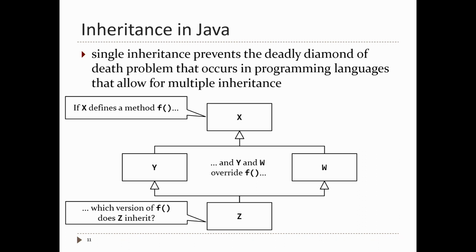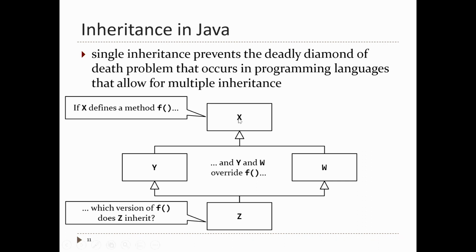The reason Java implements single inheritance is to avoid a problem that occurs in languages that allow multiple inheritance. This is not Java, the picture I'm showing you here. It's just a generic UML diagram of some language that supports inheritance.